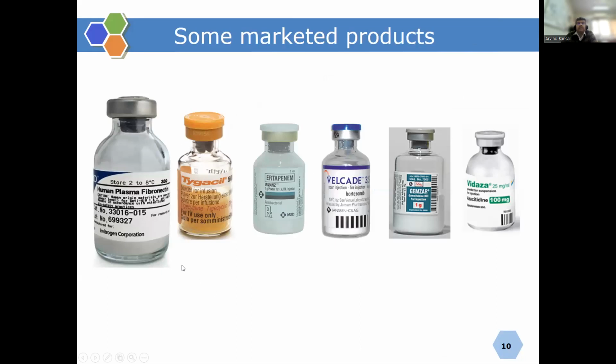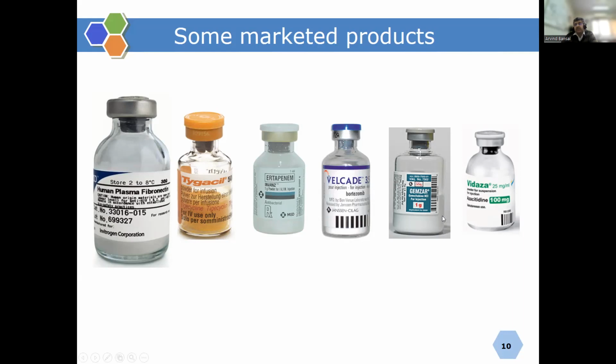These are some marketed products made from lyophilization. So you can see they are available in glass vials, and the product is easily identifiable because it will be present as a cake inside the vial, and this cake volume is equivalent to the initial volume of liquid that was filled in the vial before lyophilization.